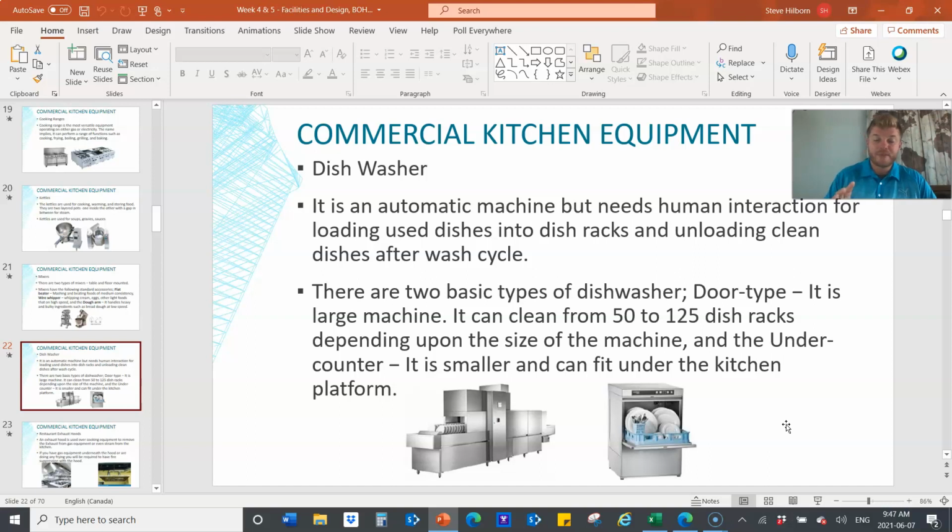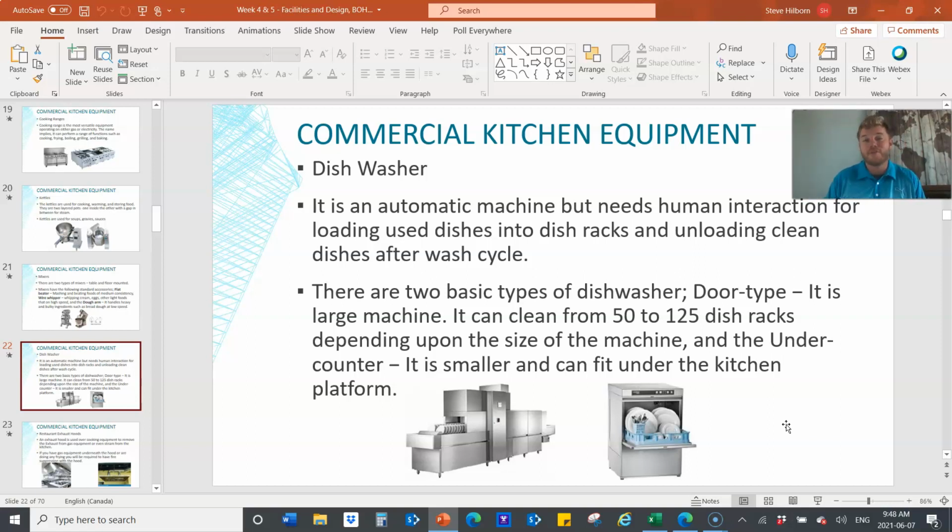And really, if the dishwasher area is not being maintained, is not being kept up to speed, everything else slows down. And it's a horrible thing when you're waiting on dishes in order to serve food, versus waiting on the food to cook, or waiting on, hey, we didn't get a certain item in.